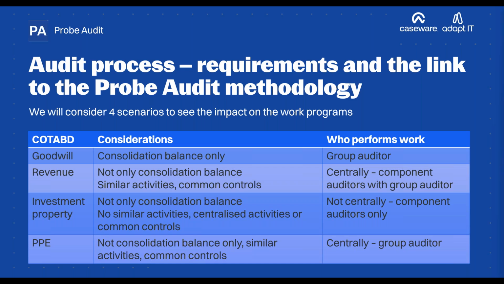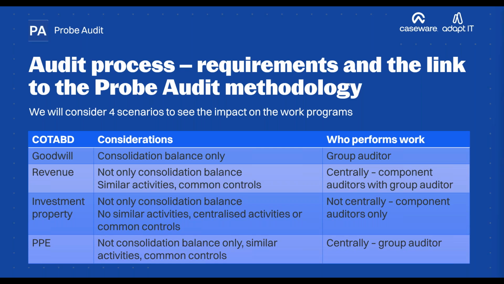And there I've said that we are going to consider the account and say this is a consolidation balance only, which I'm sure you would agree with me it is. And so who's going to do the work on that? The group auditor. And we're going to follow the process of the planning and risk assessment through to the work program and see how an account that's a consolidation balance only is treated in these documents and in the process.